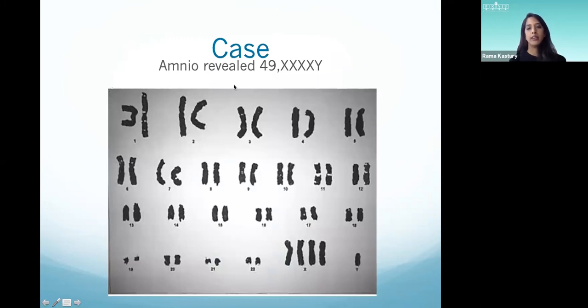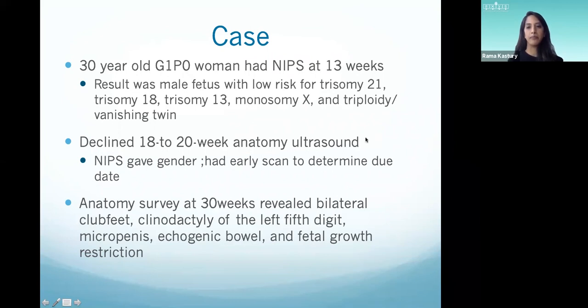So she had 49,XXXXY. And so sometimes, with a negative screen, we can still find a small sex chromosome abnormality. Typically what they're looking for in cell-free DNA is two different chromosomes, X and Y. Sometimes nowadays with technology, they are able to detect that a little bit better.